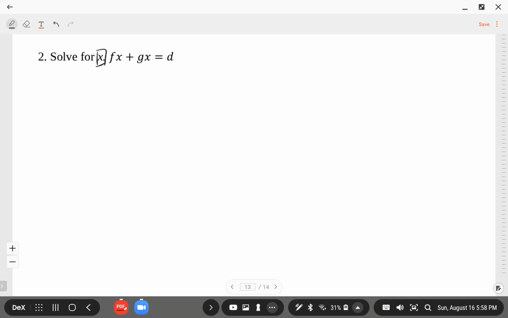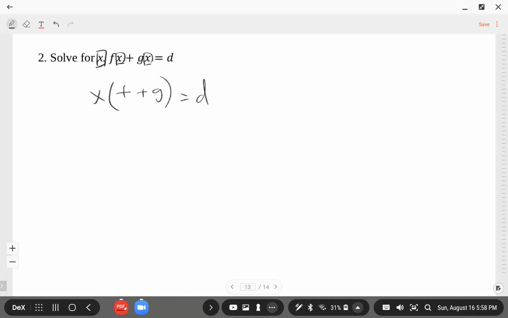So let's do this problem. We have factoring. The common factor of x, fx, and gx is x. So let's factor that out: x times the quantity f plus g equals d.